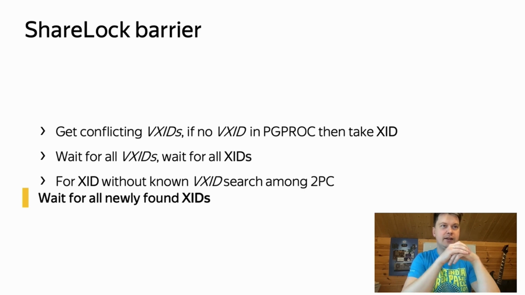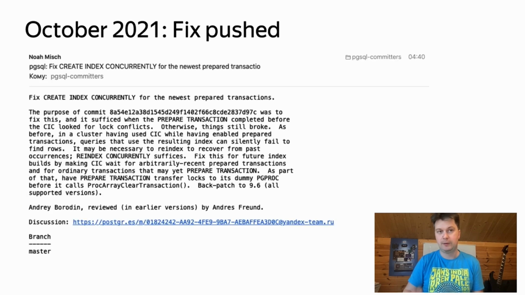And then for each transaction identifier which was a prepared transaction, we try to look up the virtual transaction ID in the proc array, waiting for each newly found transaction created by the vxid. So by October 2021, the fix was pushed, and we re-enabled repacks on S3 and are happy to use it, and now it works just fine for us.